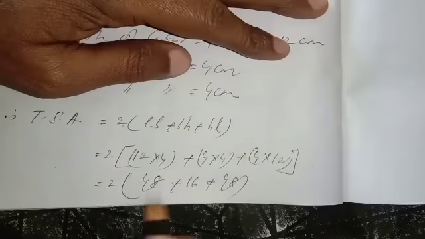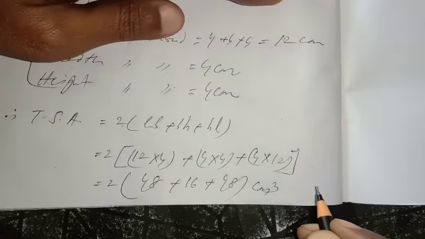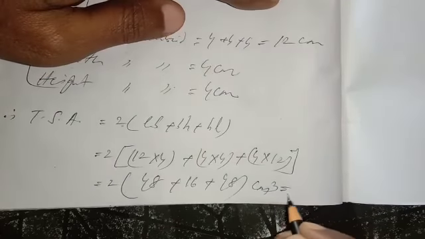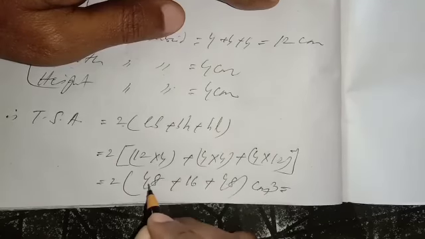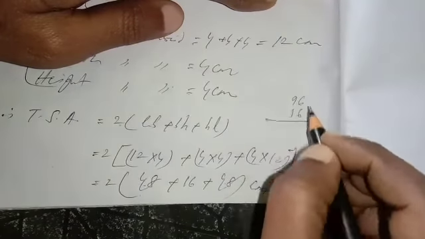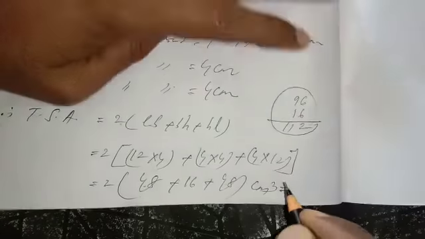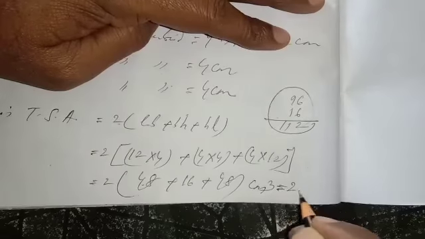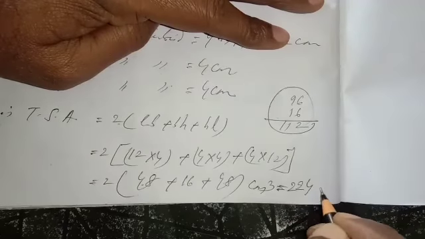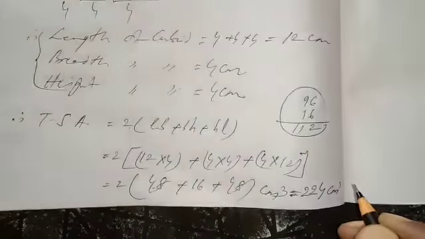Just add and multiply and you will get the result. Calculation: 48 plus 48 is 96. 96 plus 16 is 112. 112 into 2 will be 224 centimeter square. B is the right answer.